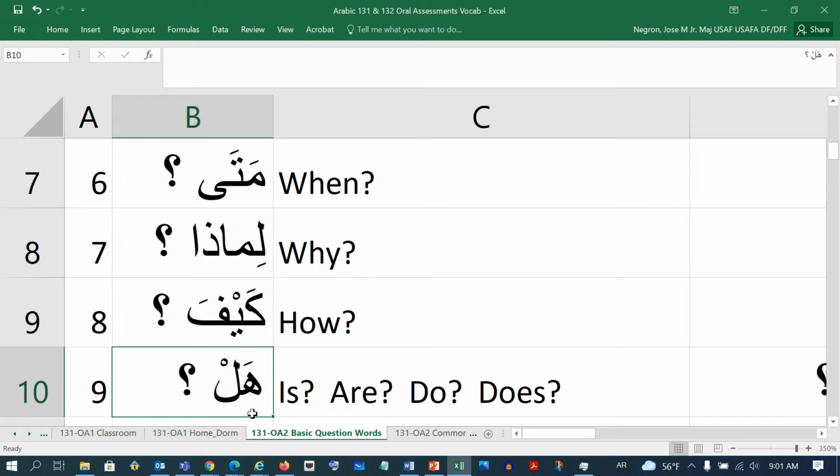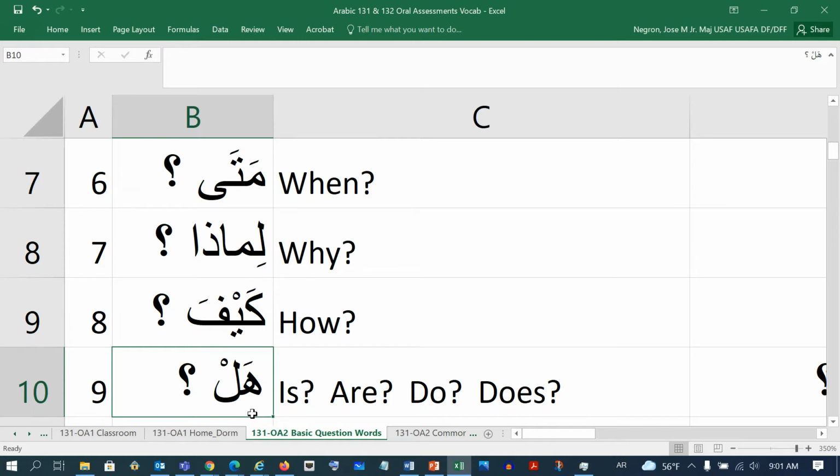Remember, the verb is the verb to be in its various forms. Is can mean am in some forms. It can mean are in other forms. It could mean do in other forms, or does, right? And if you want to ask a question that in English would start with any of these words, do you like coffee?